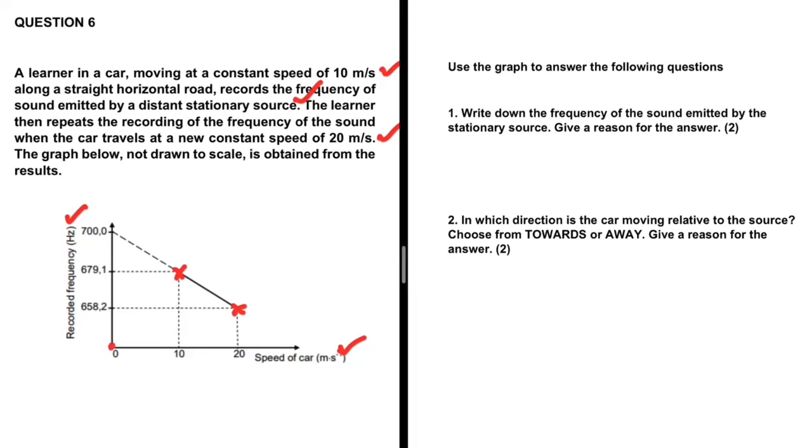When the speed of the car is 0 meters per second and our source is stationary, there is no Doppler effect. The frequency or the pitch observed doesn't change, right? So this 700 hertz that we have here, it's actually the value of Fs, the emitted frequency, because it's the frequency we have when the speed of the car is 0 meters per second.